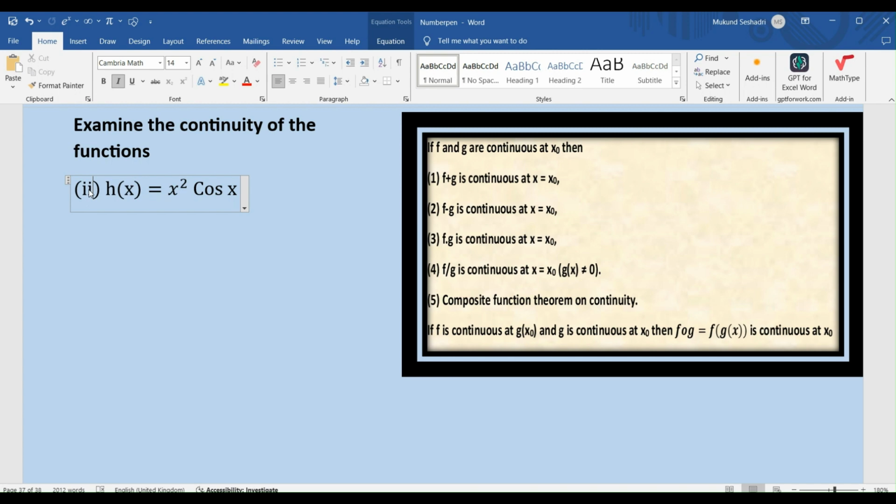So these are the points that I would like you to remember when you solve these problems.